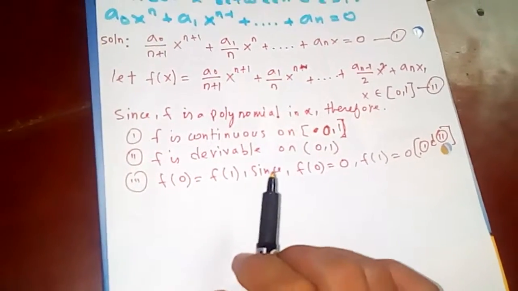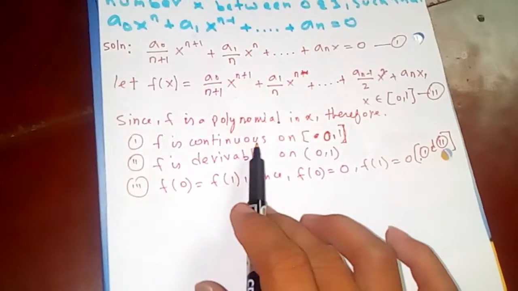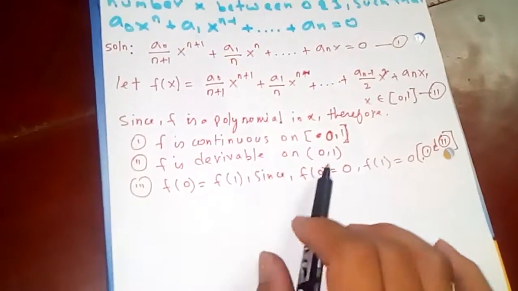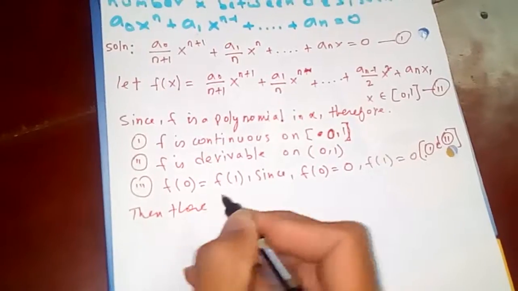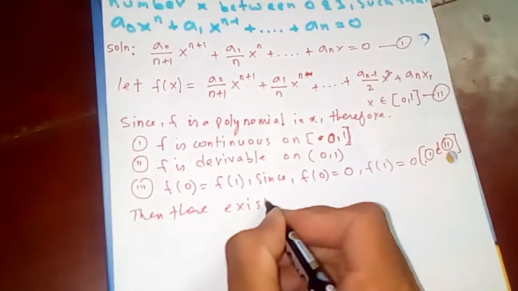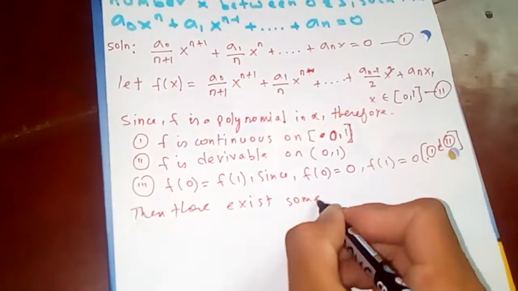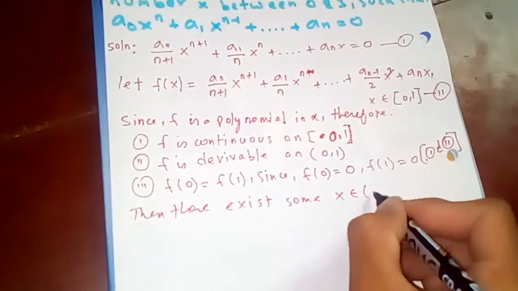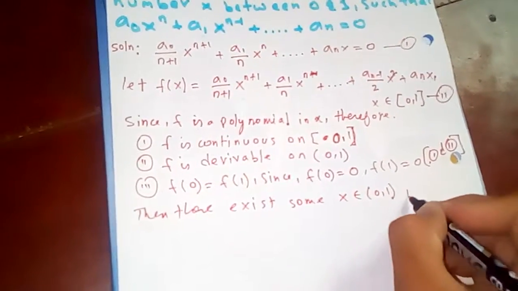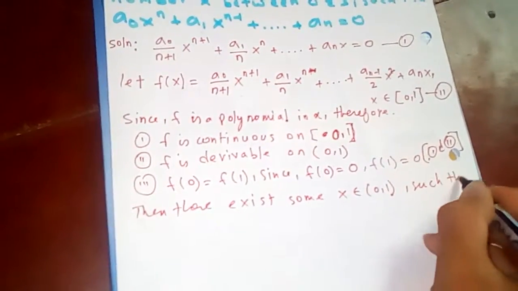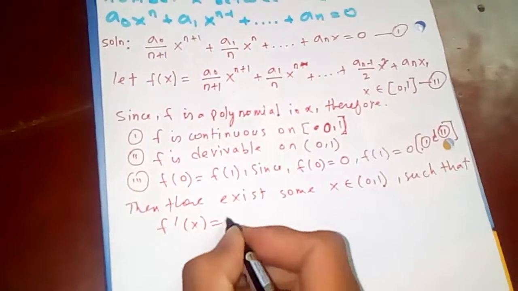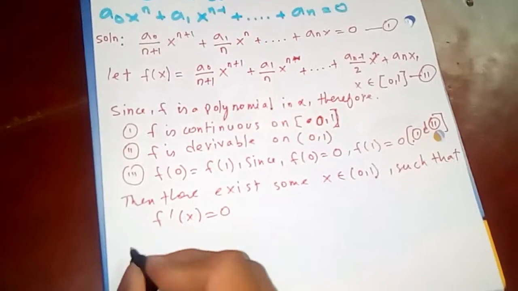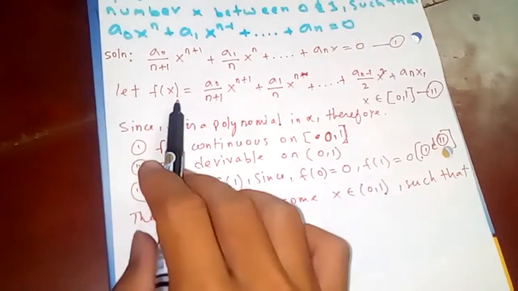What Rolle's theorem states: if a function satisfies all this, then there exists some number x belonging to the open interval 0 and 1 such that f prime of x is equal to 0. Now therefore, f of x is this one.